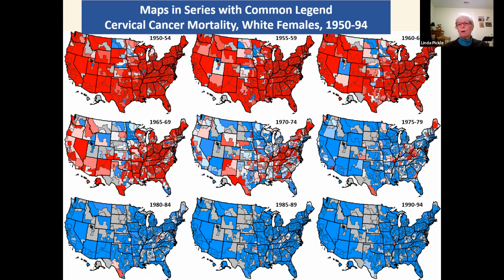Now, this can be a real problem. This kind of display, small multiples with a common legend, can be a problem if you have an extreme range of rates or values shown across your maps. And that's the case here for cervical cancer.